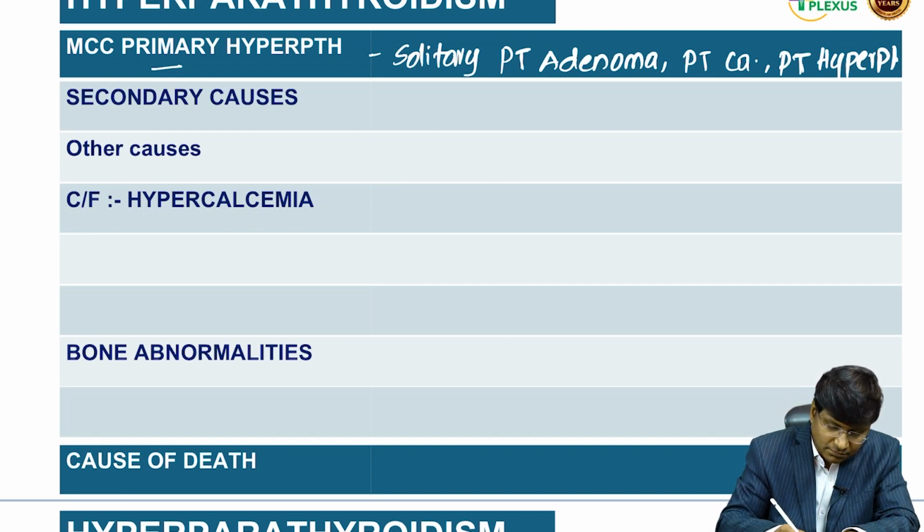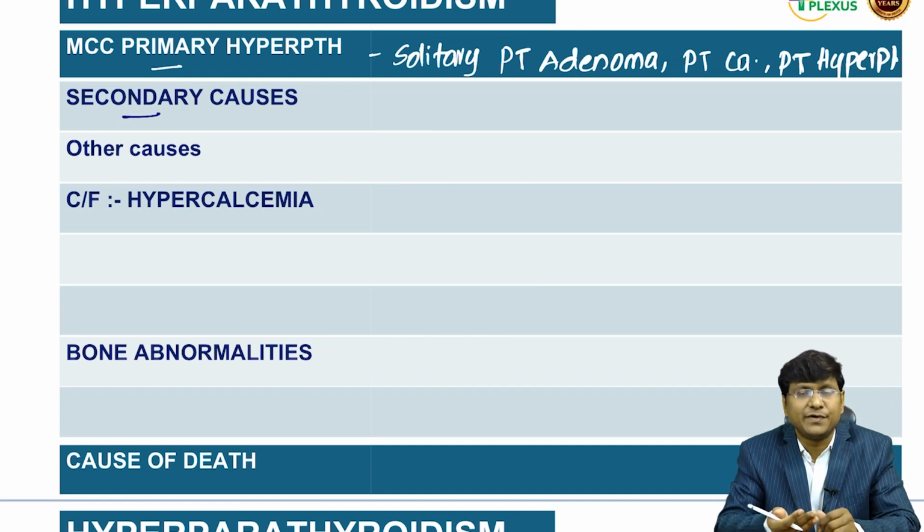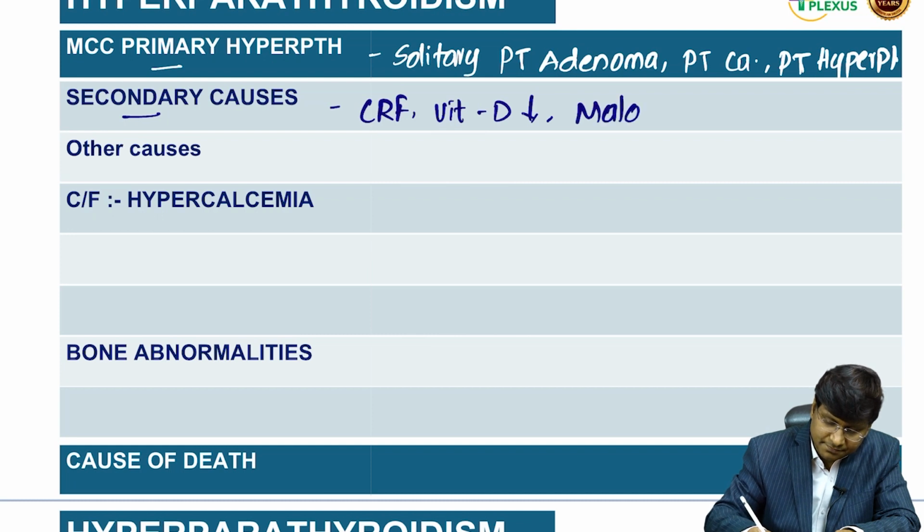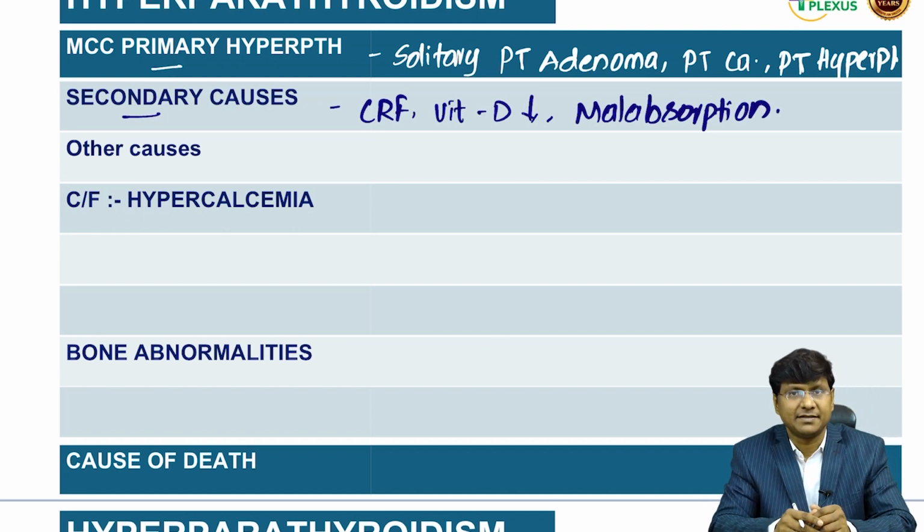Whereas the secondary causes for hyperparathyroidism include chronic renal failure, vitamin D deficiency, and malabsorption.